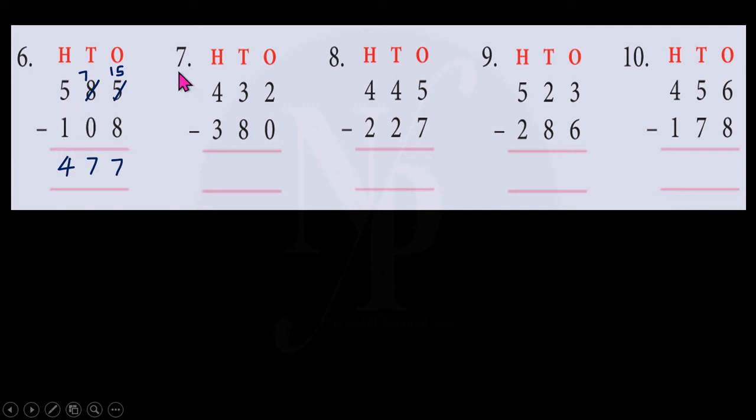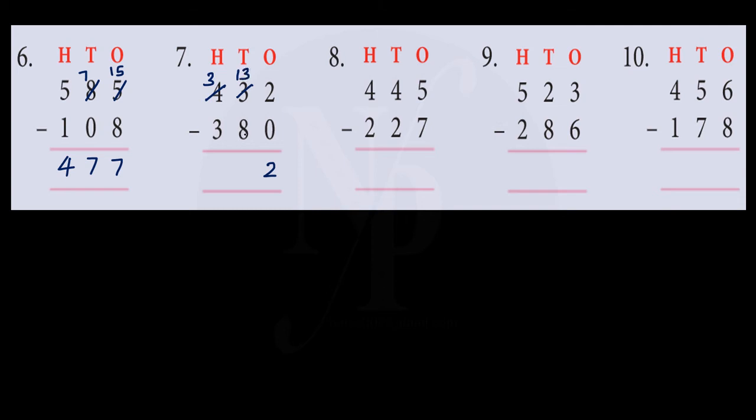Question number 7. 432 minus 380. Here we subtract 0 ones from 2 ones to get 2 ones as a difference. Subtracting 8 tens from 3 tens is not possible. We have to regroup. So we make this 400s as 300s, and 100 is borrowed to the tens column, and now this becomes 13 tens.